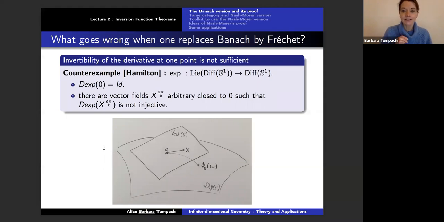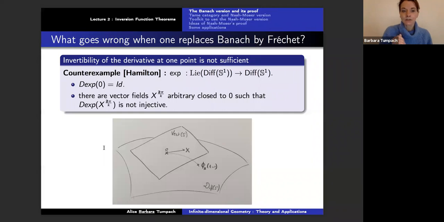So here the example is the exponential map from the set of vector fields on the circle with values in the group of diffeomorphisms of the circle. This is given by the flow of the Cauchy problem. We have a vector field on S1. We take the constant vector field. We take the flow of this vector field. We stop at time t equal to 1, and this gives us a diffeomorphism. This is exactly this map exp.